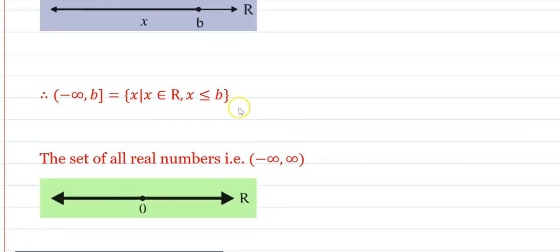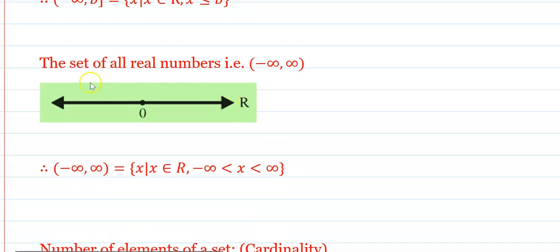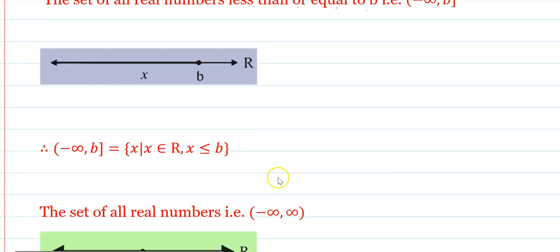Okay, and we have written like this. The set of all real numbers are from minus infinity to plus infinity, and it's a representation like this. Minus infinity to plus infinity. X is such that X belongs to set of real number and X lies between minus infinity to plus infinity. Okay. These are the representation of the sets.